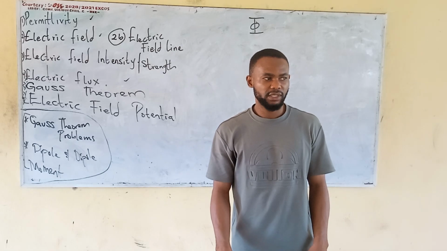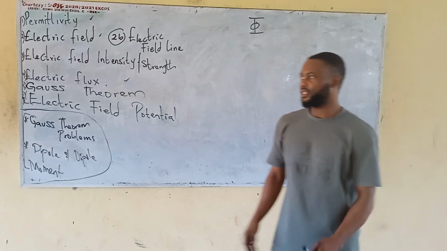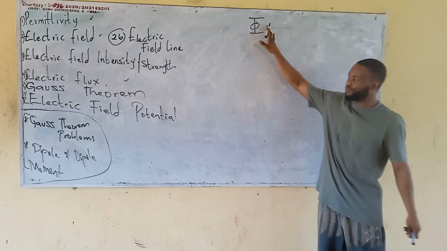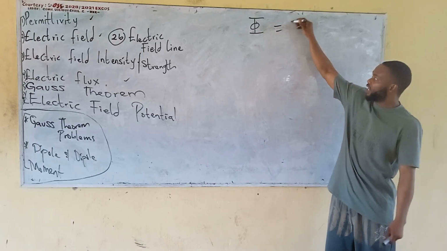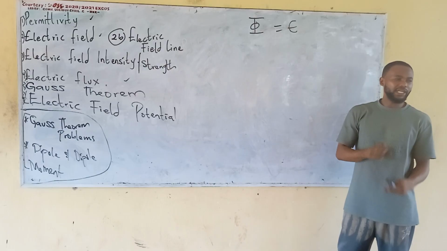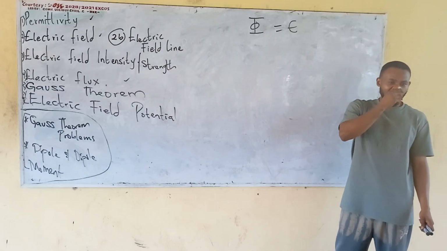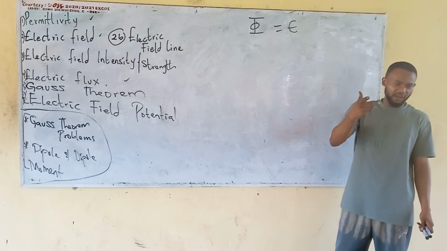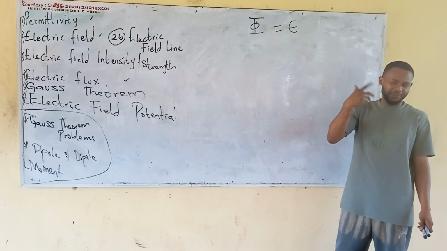Is it confusing? We already know electric field intensity. Now, electric field flux is simply saying the electric field intensity that you have, which you can also take as electric field, because it's the same.